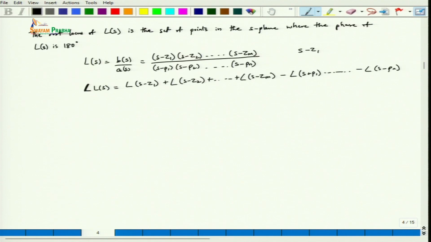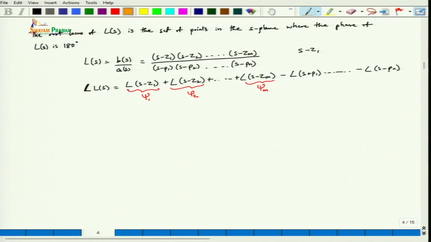So in this manner we can get the phase, and let us denote for zeros, for example for this particular zero, that the phase here is some psi 1, for this zero psi 2, and so we start with psi 1, psi 2 up to psi m. So basically for zeros it's psi i.